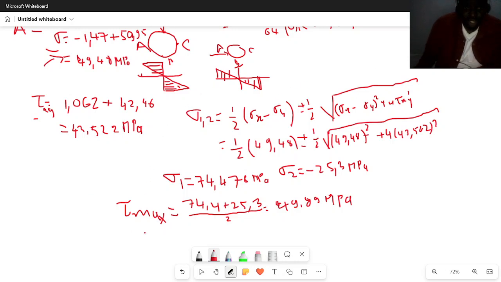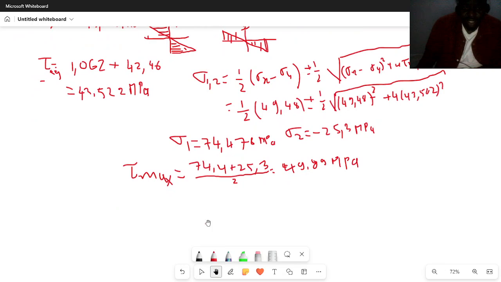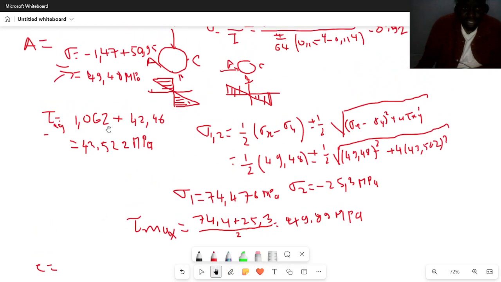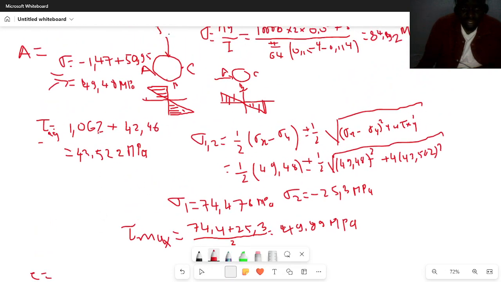Now let's look at point C. You have to do the same thing, guys. At point C, remember C and A feel the same thing. So basically at point C, this answer here will remain the same. Now what is changing is the shear stress.